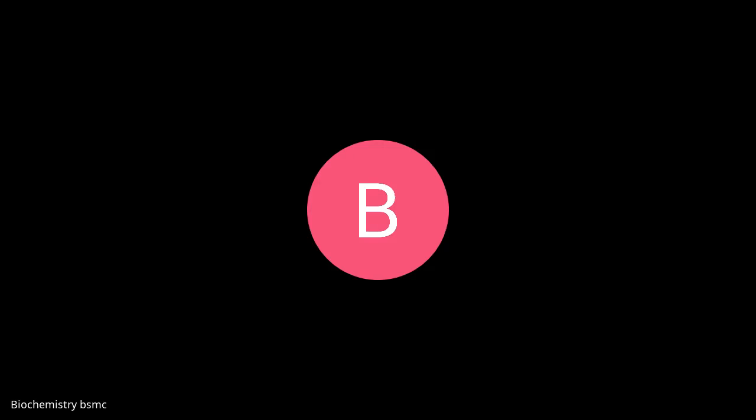We were having a discussion on transcription, and in the first class we have already discussed the process of transcription and what it means, how transcription is similar to replication, and what are the differences between transcription and replication.